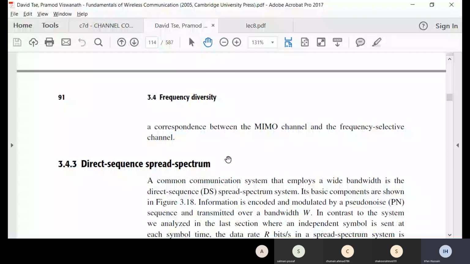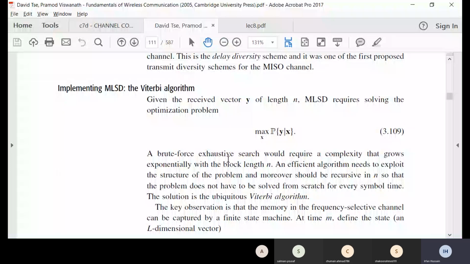Many of the steps are missing. For explanation of those steps, we will go to the famous book of digital communication, Fundamentals and Applications by Sklar. So many of you might have studied Sklar in your undergrad analog or digital communication courses. So we will refer to the Viterbi algorithm from that book.